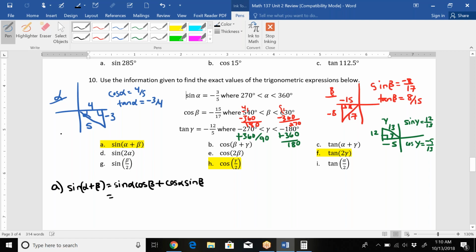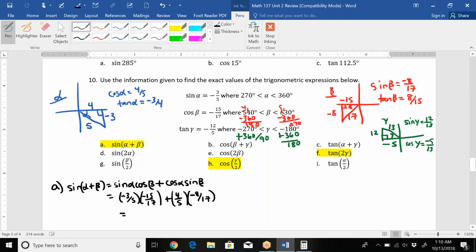So then we just grab our important pieces. So sine of alpha was negative 3/5. Cosine of beta was negative 15 over 17. Cosine of alpha was 4/5. Sine of beta was negative 8 over 17.